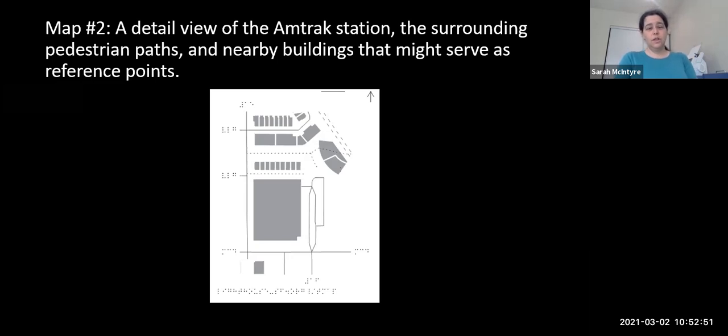These detail maps are what allowed the previous map to work. I helped her identify that the kidney-shaped building was the Amtrak station, and find the pedestrian path leading away from it. Next slide, please.